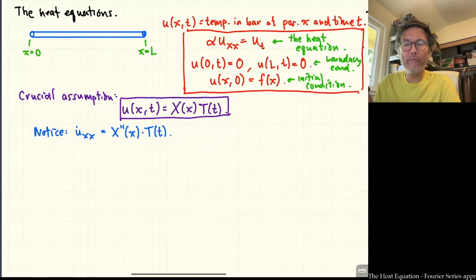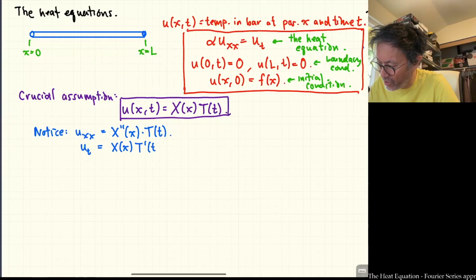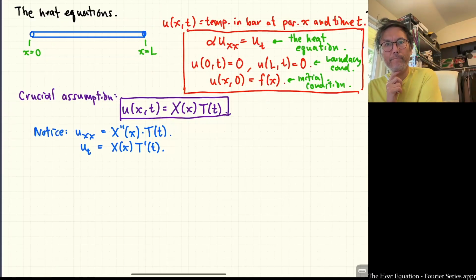Remember, the bits that involve small t are considered constant when we take the derivative with respect to x twice. And similarly, u sub t is going to be X of x times T prime of t. We can treat the bits involving x as constants.